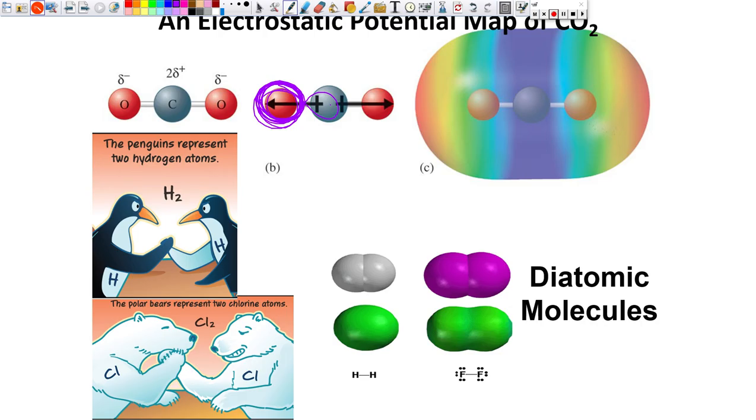Does everyone agree with that? So watch what happens. So you've got this going on. So here's the deal. Do you agree that the carbon is having its electrons pulled out in both directions? But here's the problem. Which oxygen is pulling more strongly? Neither.